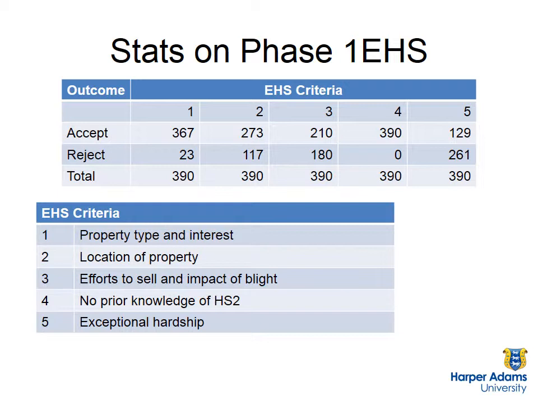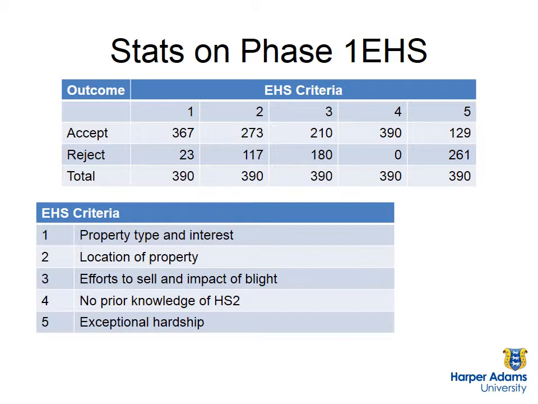If we look at some statistics on Phase 1's exceptional hardship scheme, reminding ourselves of what the criteria were: property type and interest, location of property, efforts to sell and the impact of blight, and no prior knowledge of HS2 and exceptional hardship. Looking at exceptional hardship, for example, of 390 applications, 261 were rejected on this ground.